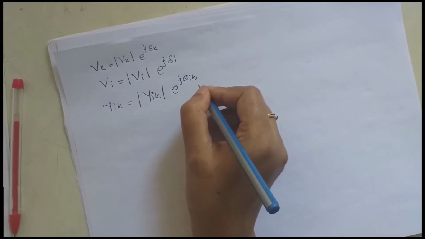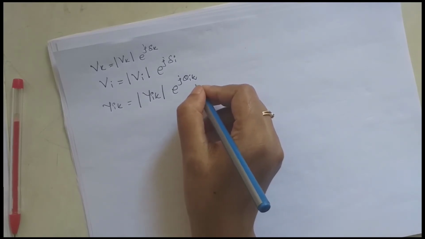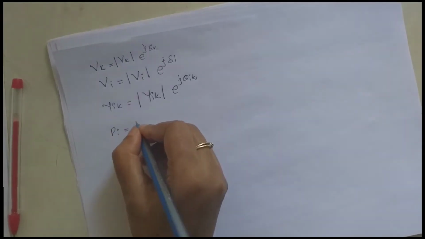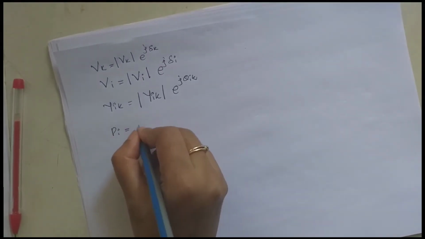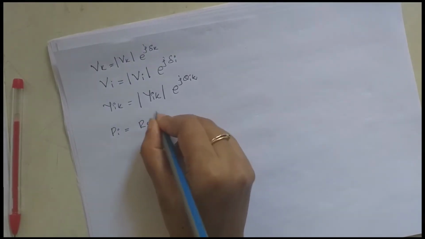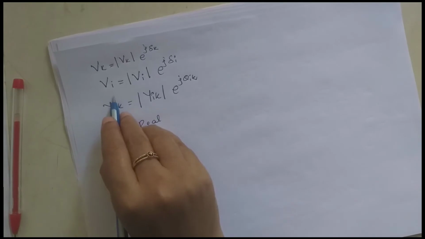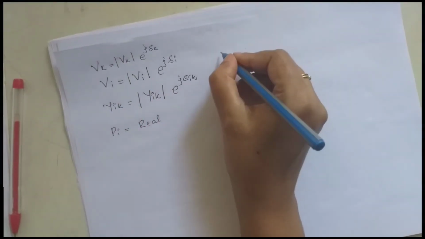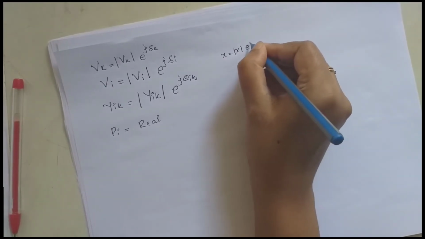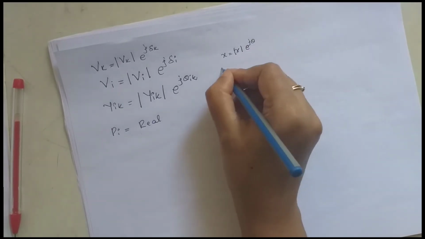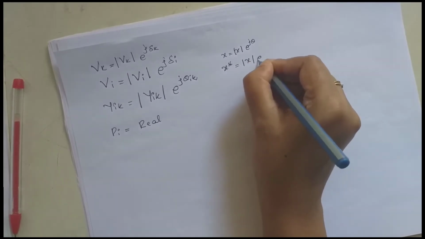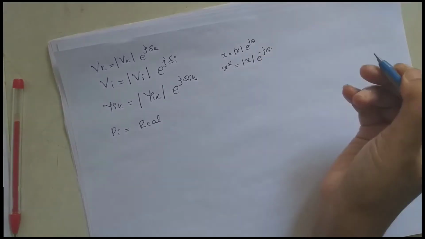So from equation 2, Pi, the real power, is equal to real of Vi conjugate. If x is equal to x e power j theta, then x conjugate is equal to x e power minus j theta.